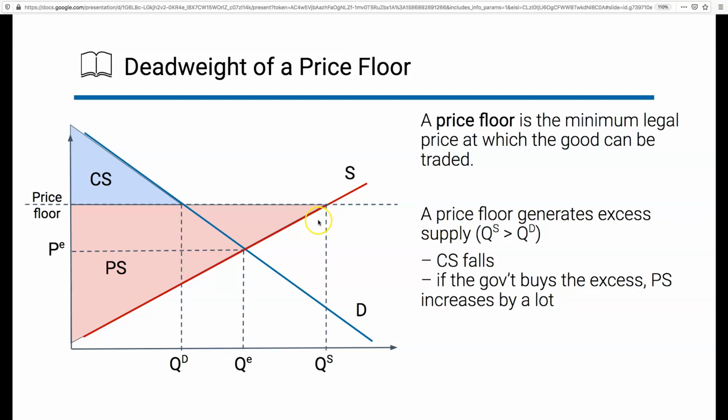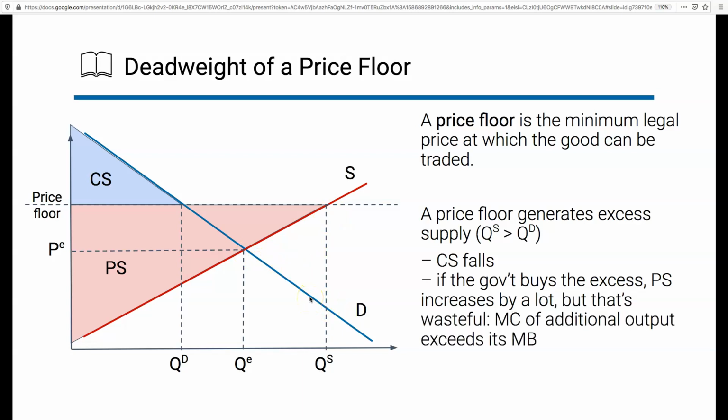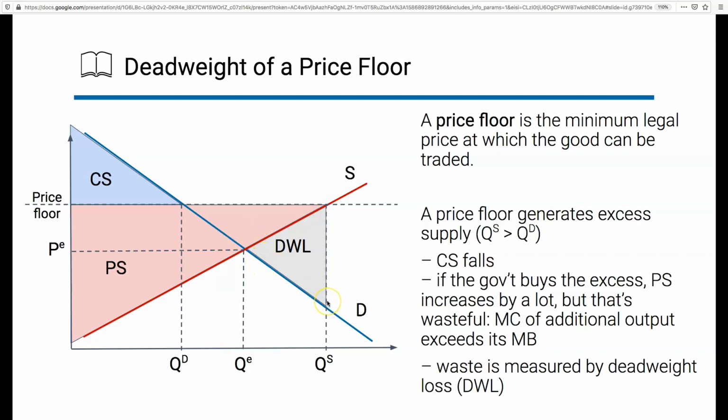The total amount that you lose by producing too much output would be the difference between the cost, the red curve, and the benefit, the blue curve. And the difference, we can label it as deadweight loss. And the area of that gray triangle would be the amount of inefficiency created by buying excess supply.